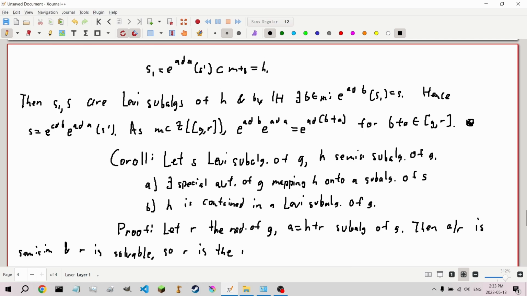So R is the radical of A, and H is a Levi subalgebra of A.